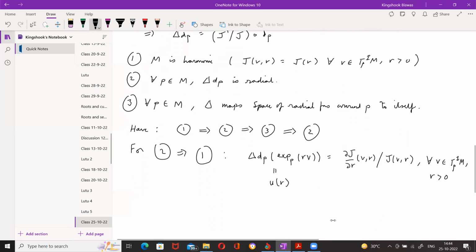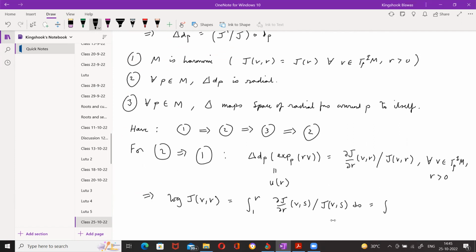That means if I look at log J of vr, this is equal to the integral from 1 to r of del J del r of vs divided by J of vs, ds.